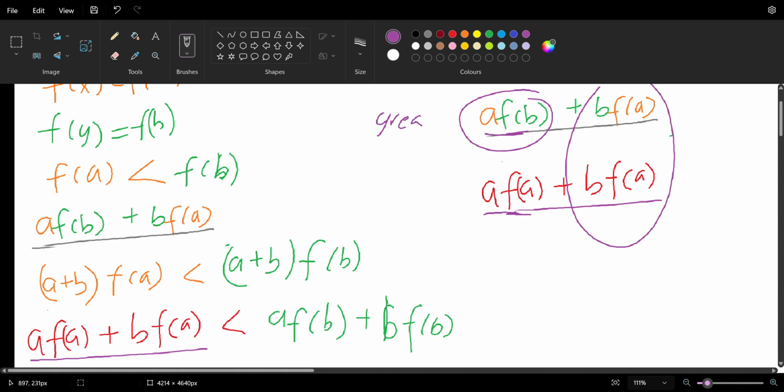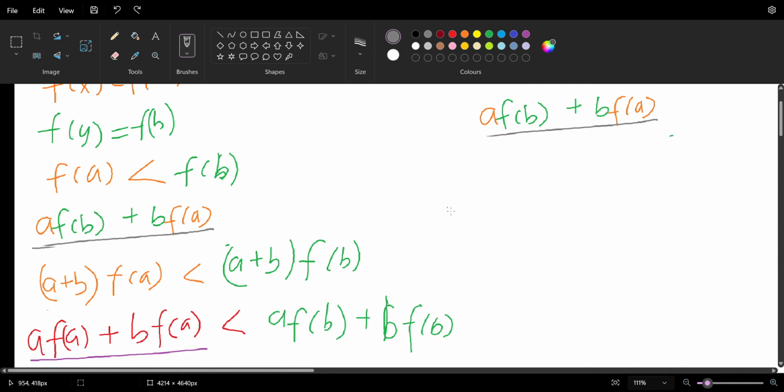But we can see that this place here is greater than this place here. I'm going to tick it. It's greater because we have a times a, but we remember that f of b is greater than f of a. So since f of b is greater than f of a, this expression in the gray line has to be greater than the left hand side of the inequality.